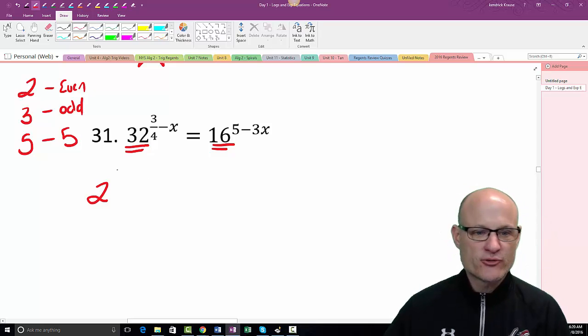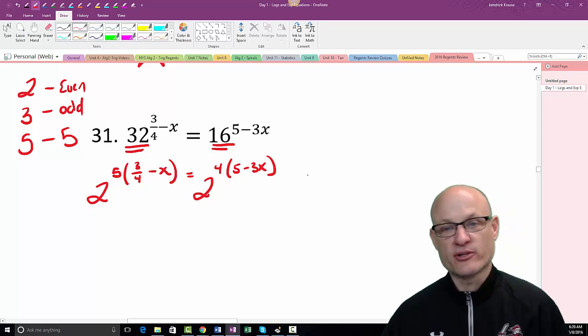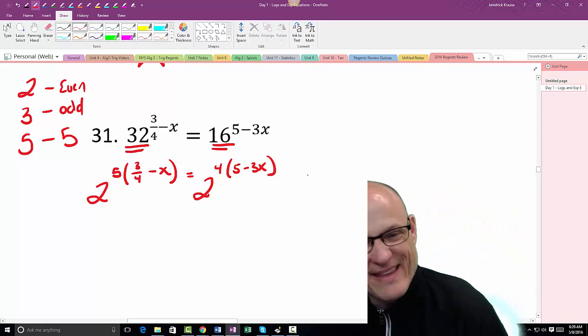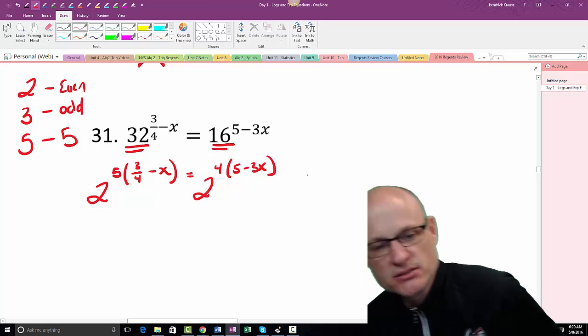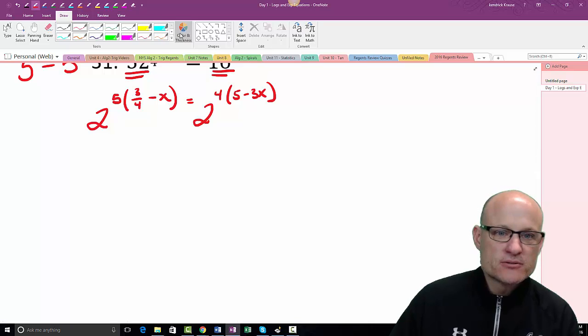2 to the 5th. So 2 to the 5th to the power 3/4 minus x is equal to 2 to the 4th to the power 5 minus 3x. I do not remember doing this problem. This looks like a real pain in the neck. So let's get through it then.